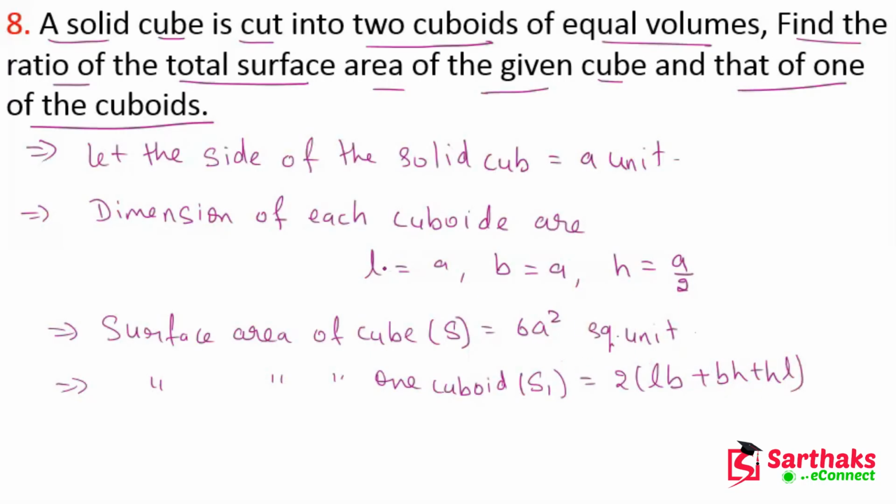Putting the values of L, B and H, S1 becomes 2 into (a times a plus a times a upon 2 plus a upon 2 times a), which equals 4a square units.